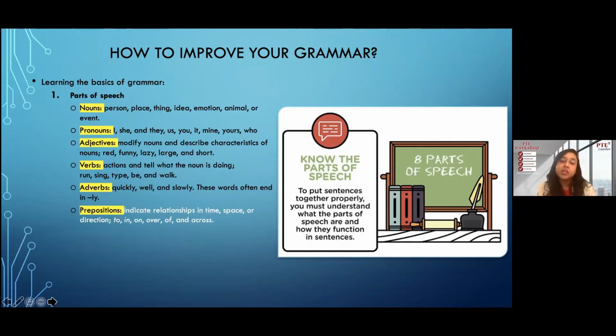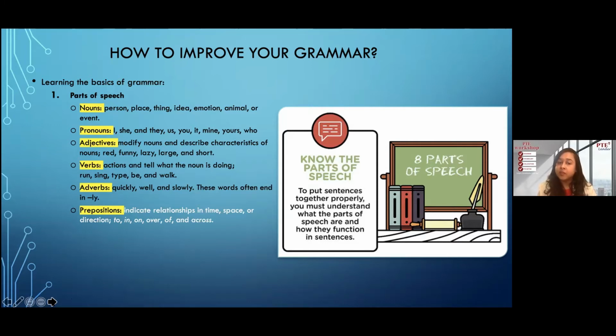Prepositions. Prepositions are extremely important and also very confusing at times. So when you want to indicate the relationship in time, space, or direction, we use prepositions. So if you have a book on the table and you want to tell someone where the book is, if it's on the table or under the table or beside the table, when you want to explain the situation or position of something or someone, you use prepositions.